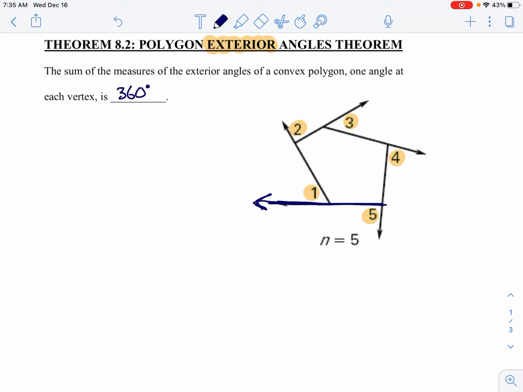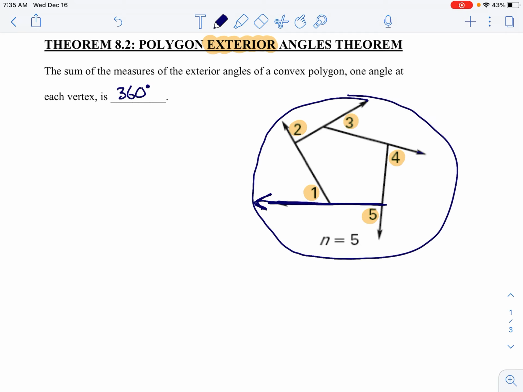A couple things about this. The reason why it is 360 degrees, and I'm going to do my best here to explain it. I drew a circle, and you know these rays are going to go out forever. And you're going to see that I can take every single part of the circle and I can attribute it to one of the exterior angles.